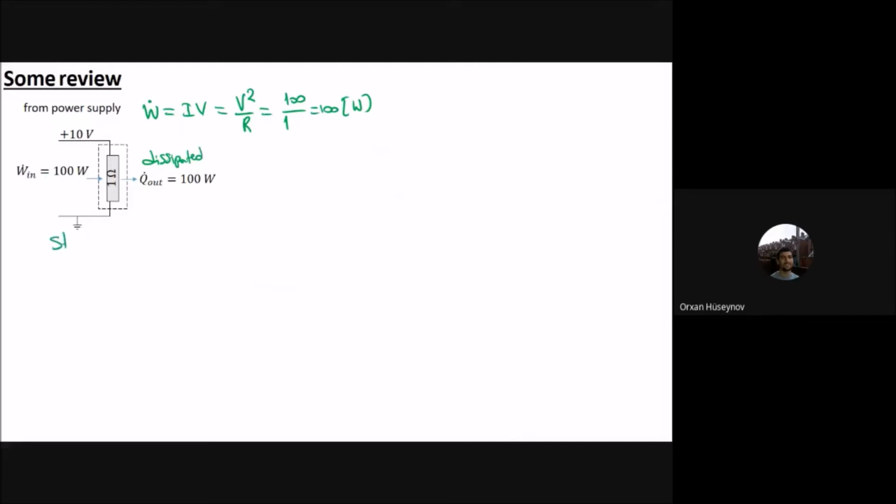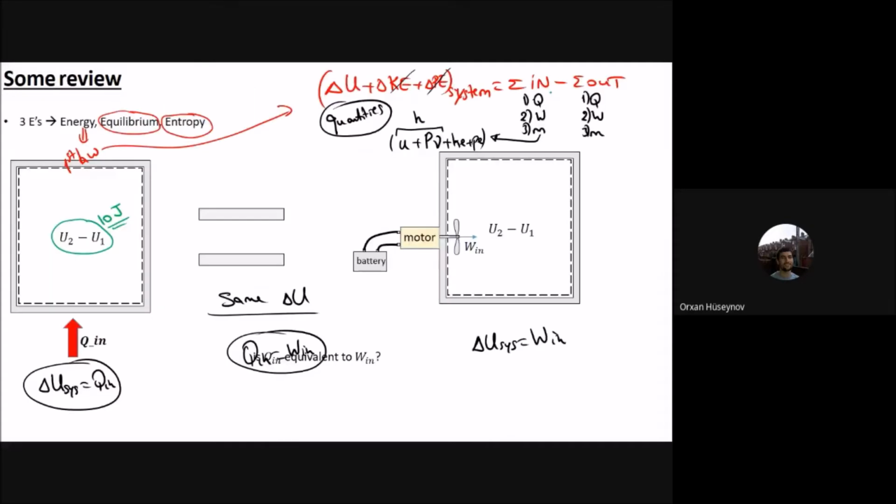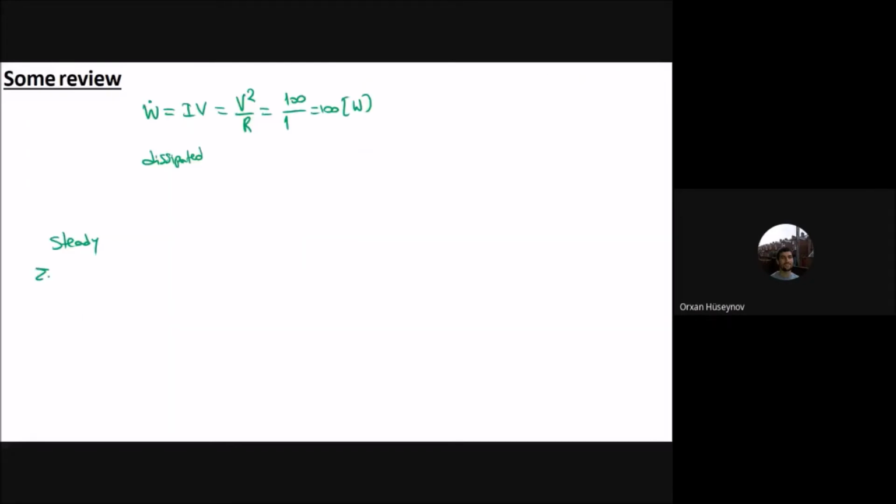If it is steady, then the left-hand side is 0, and the right-hand side will say that total in should be the same as total out. For our case, there is only one in, which is work in, and this work in should be dissipated, and dissipation will be as heat. Therefore, these two quantities will be the same.